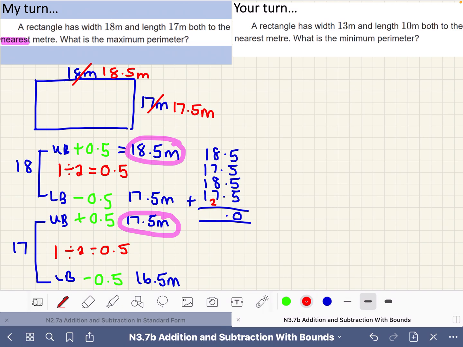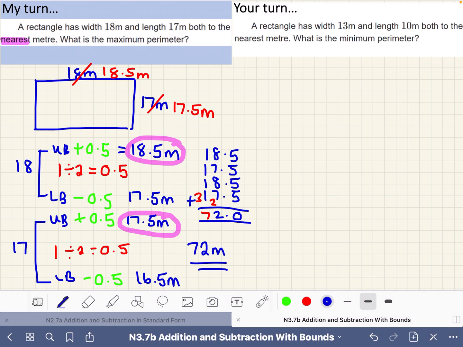And 30 plus the 2 that we carried on is 32. So we are writing down 2 and we are carrying over the 3. 1 add 1 add 1 add 1 add 3 is 7. So that means our maximum perimeter for this rectangle is 72 metres.